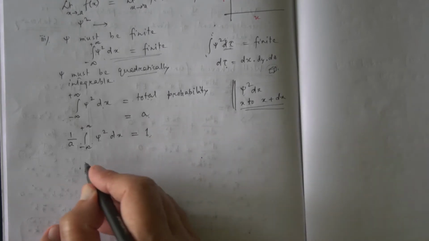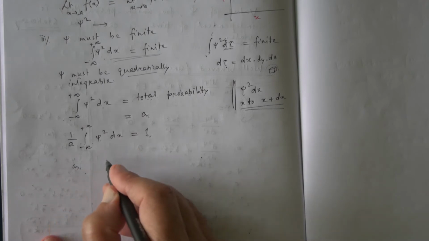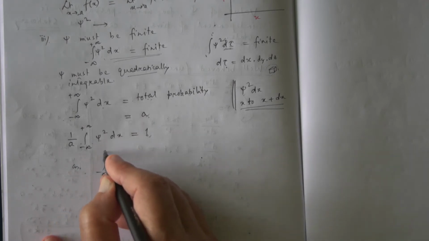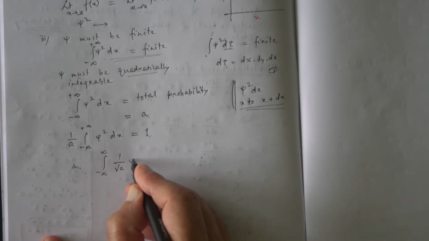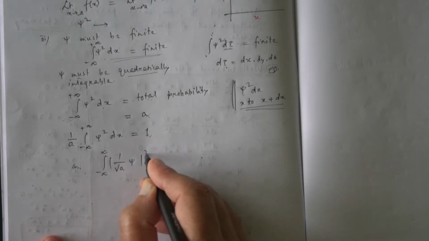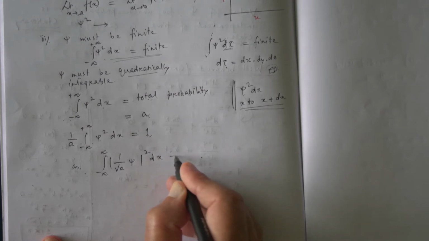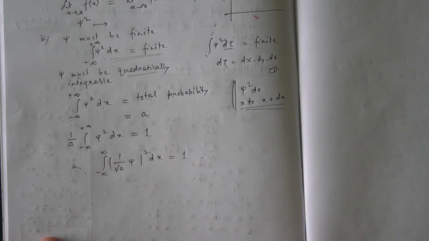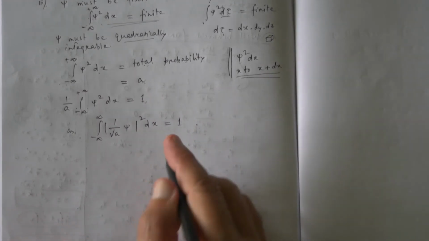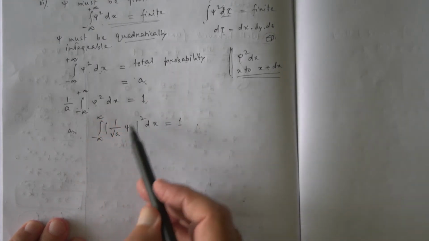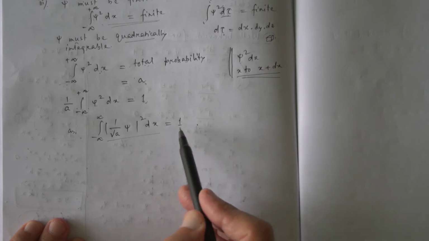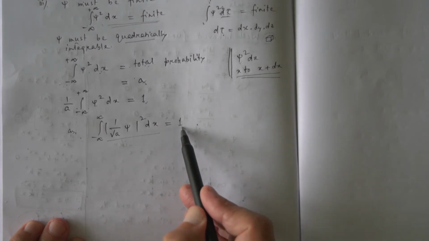Or we can write it like this: the integral of 1 by root A psi square dx equal to 1. That means if it is finite, we can make total probability equal to 1, that is maximum.